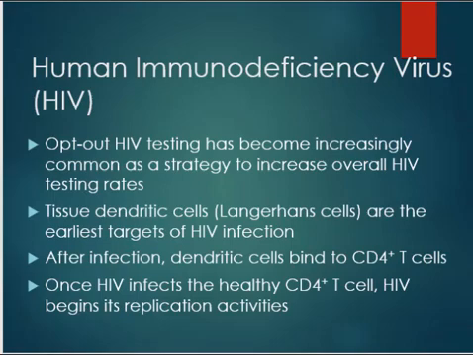So we know that this condition impacts dendritic cells and the Langerhans cells, and they're the earliest cells that are seen with HIV. And after infection, these cells bind to CD4 T cells. And once HIV infects the individual, these healthy CD4 T cells, then HIV begins to replicate.